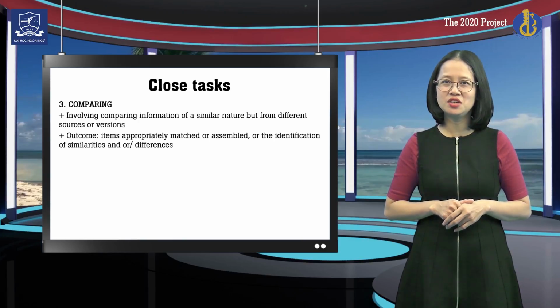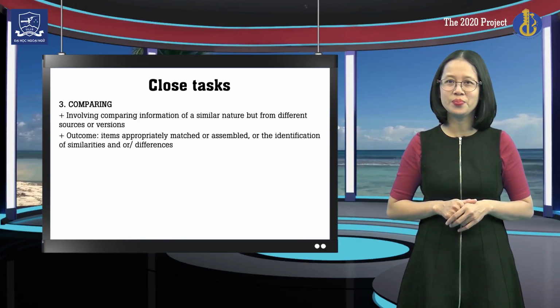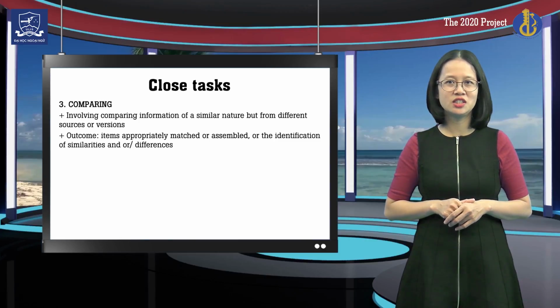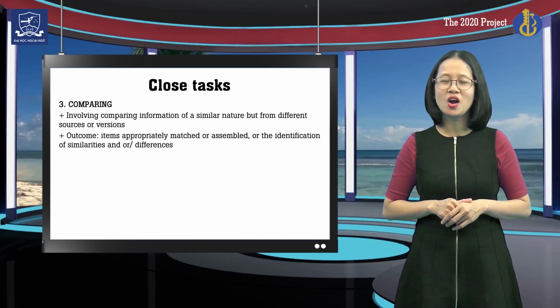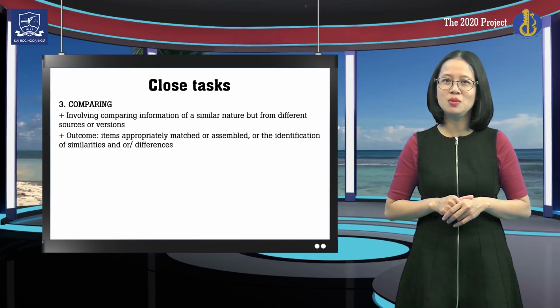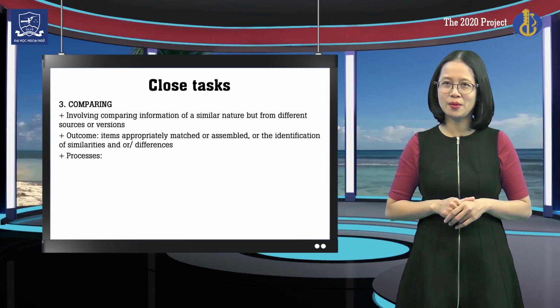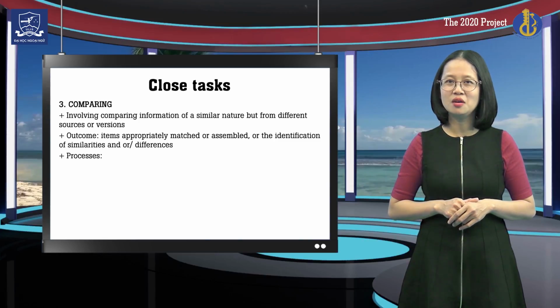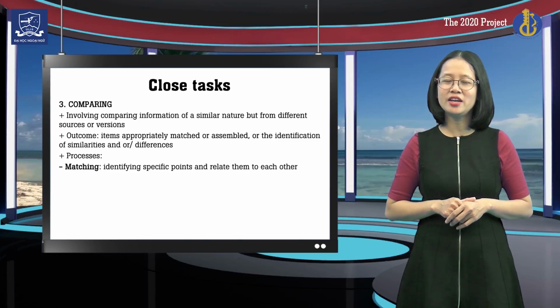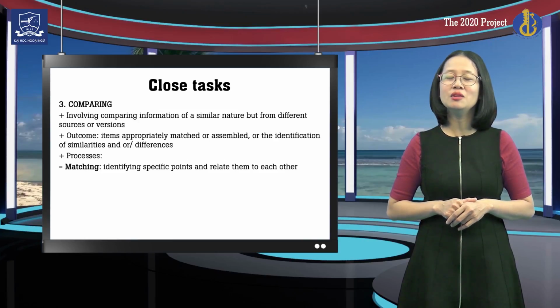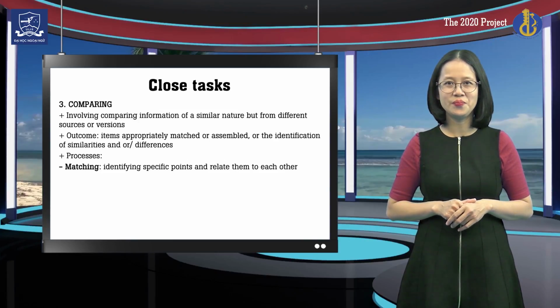The outcomes of this task type vary according to the individual task goals, but could be the items appropriately matched or assembled, or the identification of similarities and/or differences. The processes involved are: Number 1. Matching. It is to identify specific points and relate them to each other.